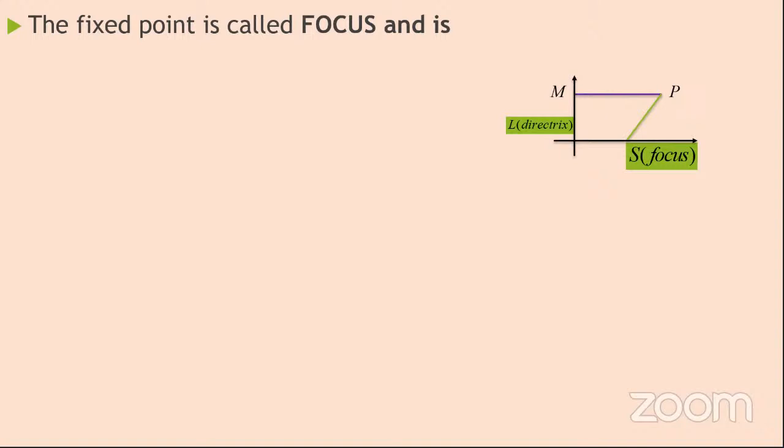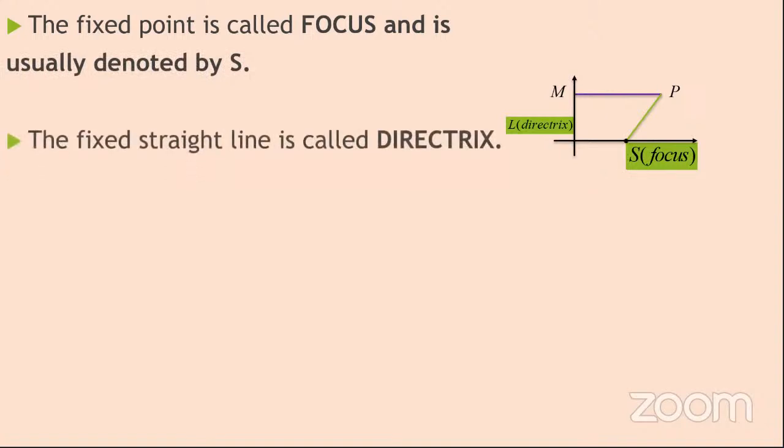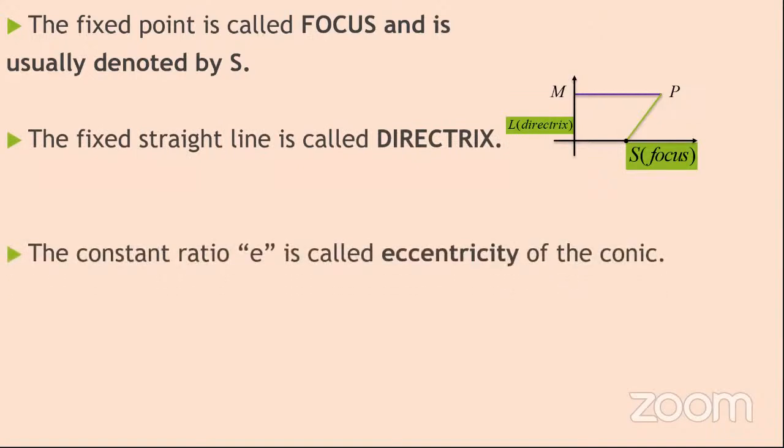Here, the fixed point is called the focus and is usually denoted by S. The fixed straight line is called the directrix. In general, it is denoted by L. And the constant ratio E is called the eccentricity of the conic.